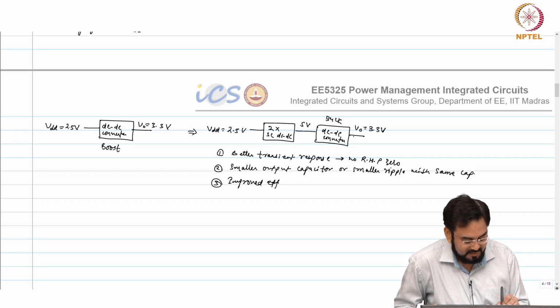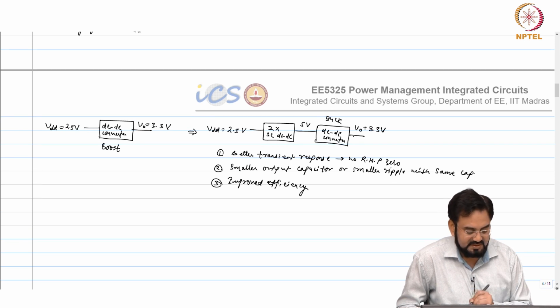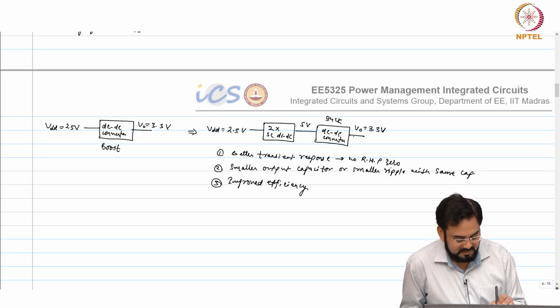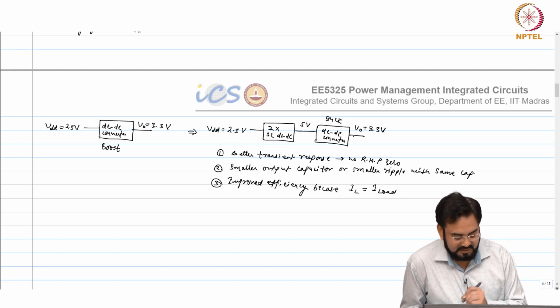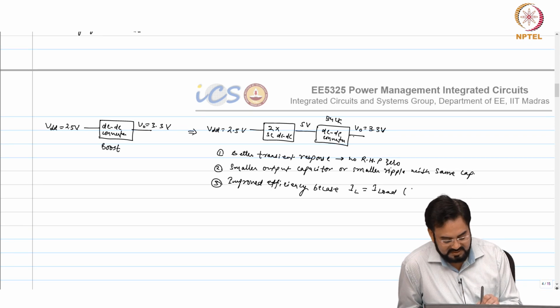Improved efficiency because IL equal to I load. Okay, this is the case of buck.